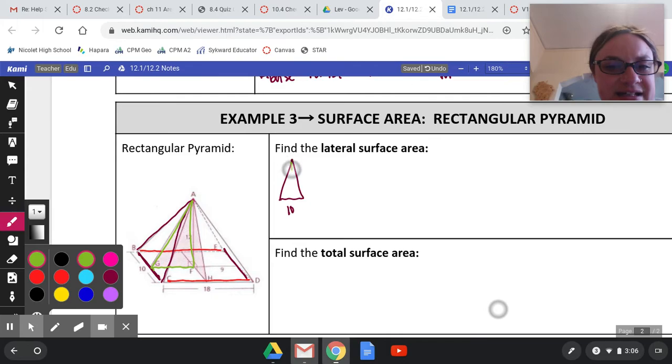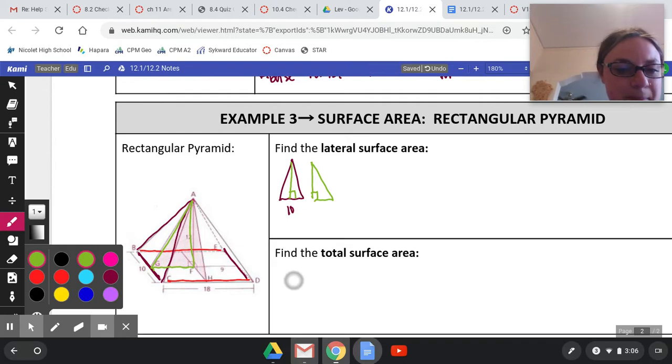The slant height is the hypotenuse of that right triangle that I just drew in. So I'm going to focus on this green right triangle. I know that the base of that is going to be 9 because it's half of the 18. I know that the hypotenuse is what I'm looking for.